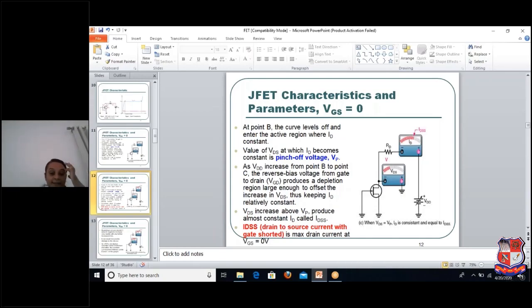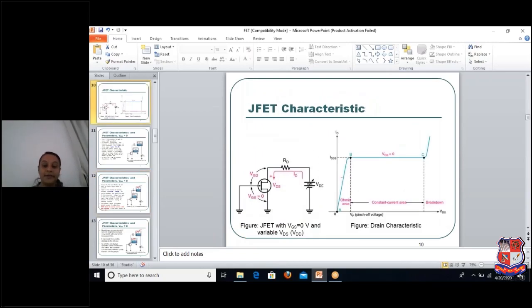VDS is increased above VP, which produces almost ID equal to IDSS, the drain to source current with the gate shorted. So what happens after point C?